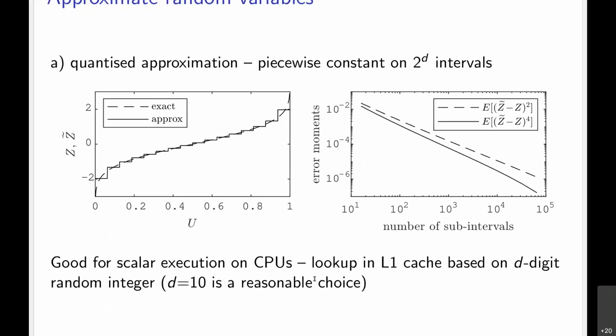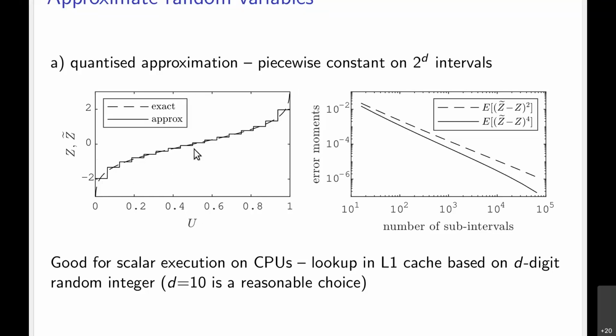And there were three particular approximations that Oliver looked at in the work. One is what's known as a quantized approximation. So here on the left, we have both z and z tilde as a function of u being the uniform random variable from 0 to 1. And so the dashed line is the exact distribution or the exact inverse of the normal CDF with a singularity at both ends.